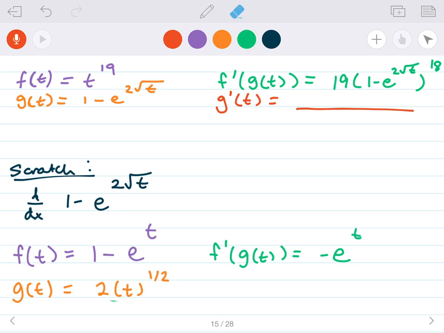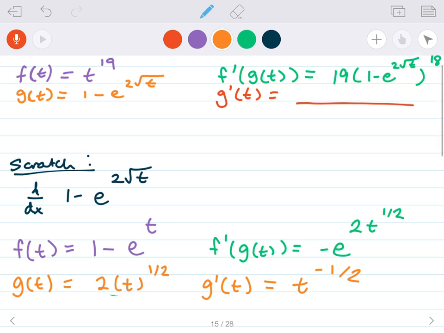So that's going to be 2t to the 1/2. My second part, g prime of t, is pretty easy to do. I just do the power rule. 1/2 times 2 is going to give me 1 in the front. T to the 1/2 minus 1 is negative 1/2.